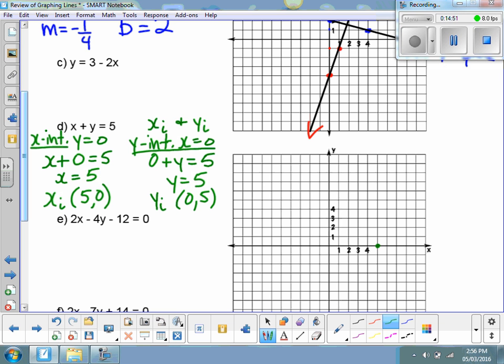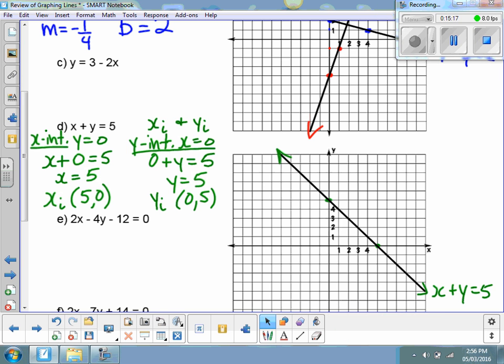My y-intercept is at 0, 5. So there are my 2 points that I will draw my line through. Okay, here's that one. Write my equation, x plus y equals 5 is going to look like that.